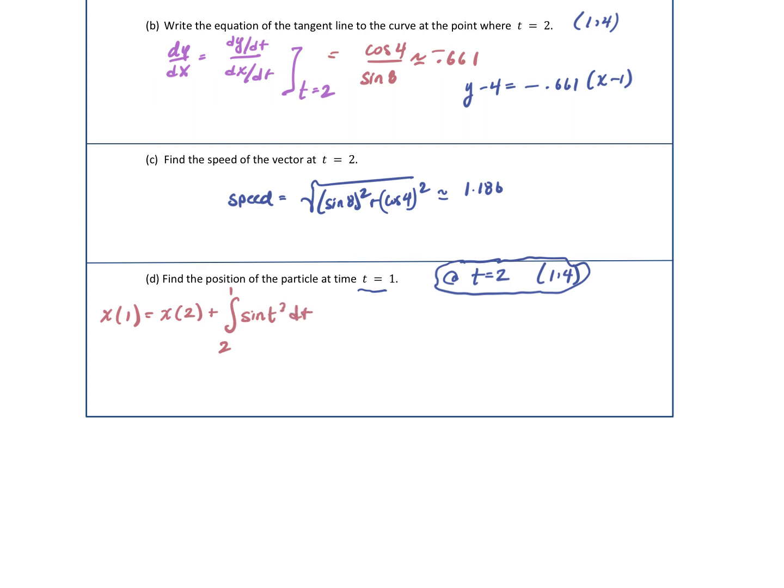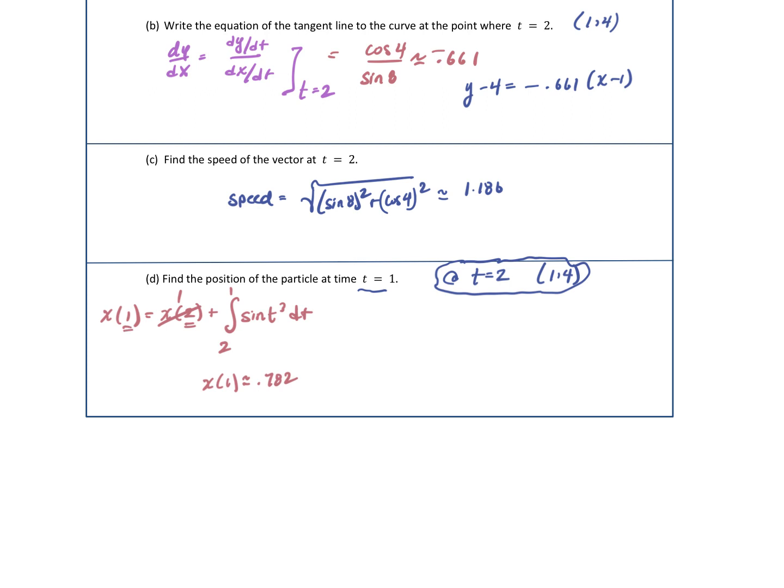You can use your calculator for all of this. I believe you get, you can double check my math here, about 0.782. Because again, they gave us the initial condition at t equals 2, x is 1, so this becomes a 1, and then we're going from 2 to 1.